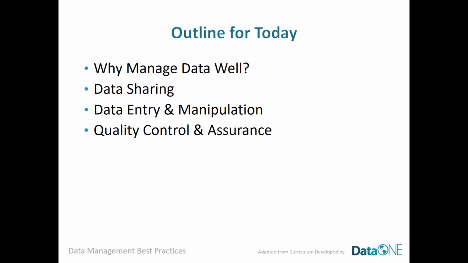We'll talk about some quality control and quality assurance practices, some tips and tricks on how to back up your data, and some ideas on where to do that. And then Joy is going to step in and talk about metadata, and then I'll wrap up with data citation.